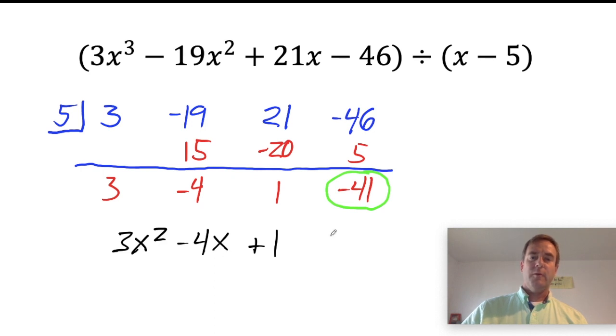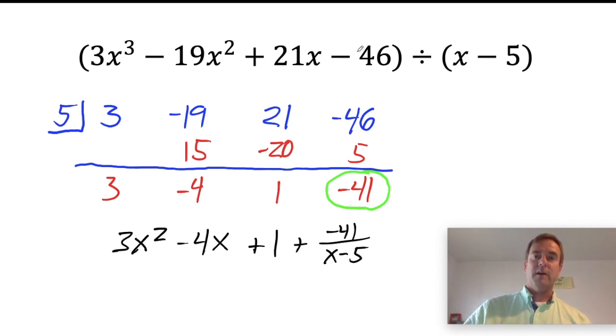All of these with a remainder of negative 41 over the original divisor, x minus 5. There's your result. There's your quotient. When you take 3x cubed minus 19x squared plus 21x minus 46 and divide it by x minus 5, the result is 3x squared minus 4x plus 1 with a remainder of negative 41 over x minus 5.